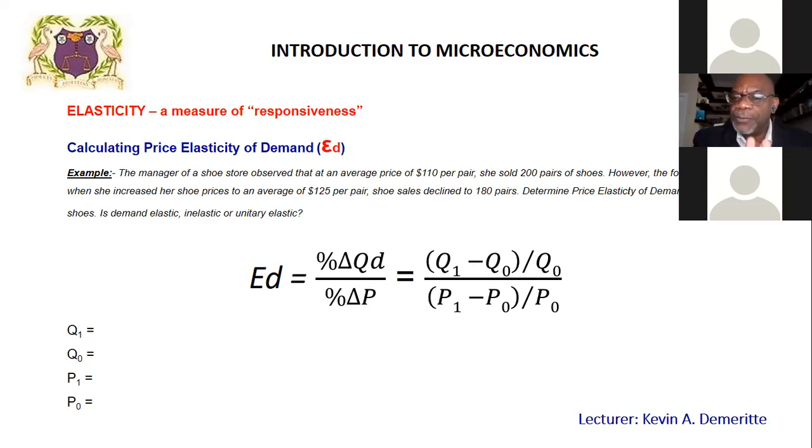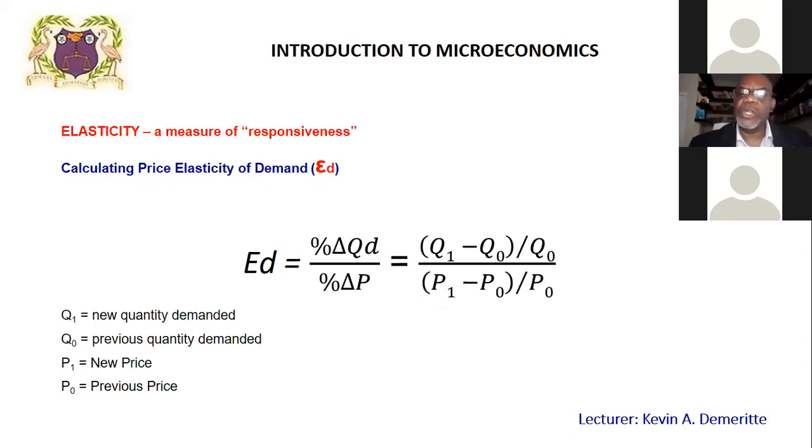So you will get word problems like this, all right? And the problem will ask you, determine the price elasticity of demand for shoes, and it will ask you to answer the question, is demand elastic, inelastic, or unitary elastic? All right. So the first thing to solve this, we need to plug in values for all of these letters that we have here. So we want to be able to identify what is Q1, what is Q0, what is P1, and what is P0. Now we said that Q1 is the new quantity.